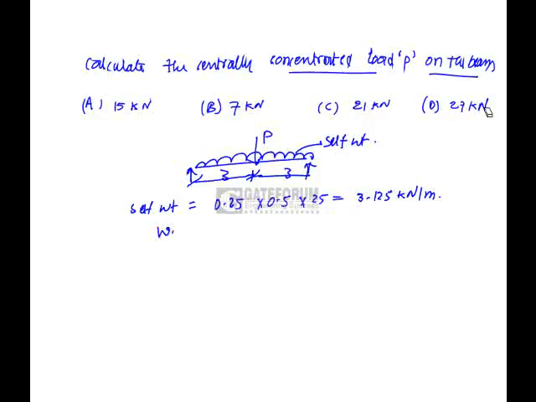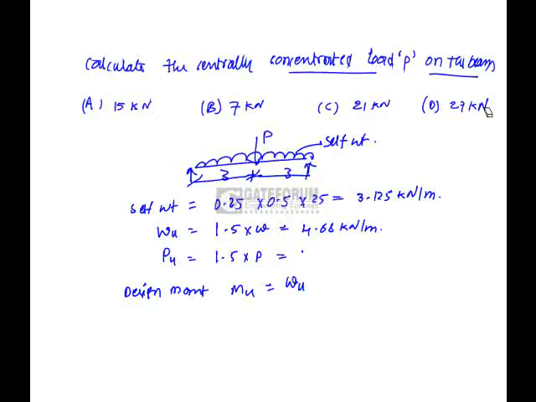Wu, the ultimate load, is 1.5 times the actual self weight, that is 4.68 kilonewton per meter. So Pu, the centrally concentrated ultimate load, is also 1.5 times P. So design moment Mu is equal to Wu L square by 8 plus Pu L by 4.